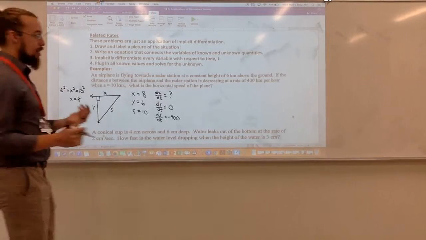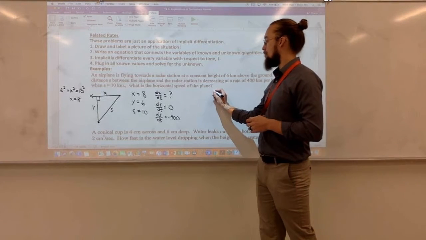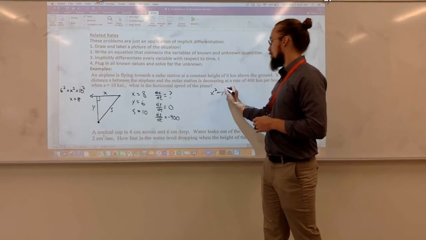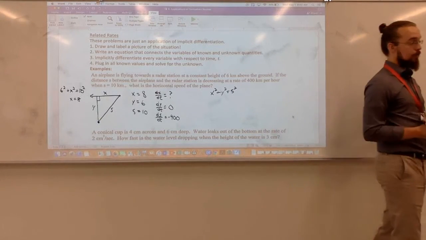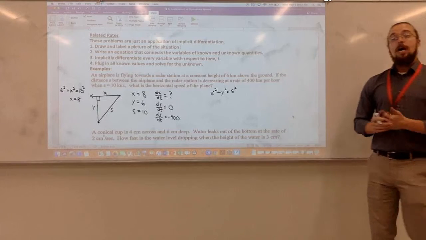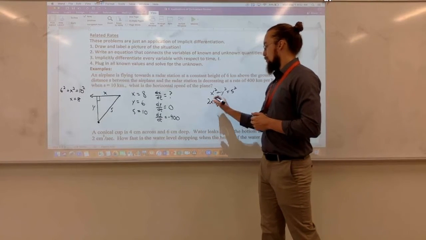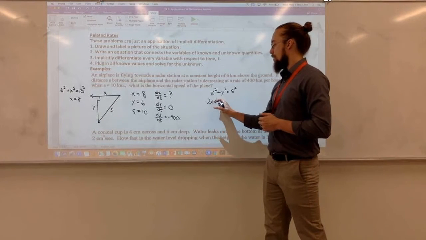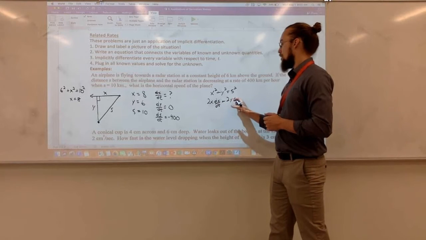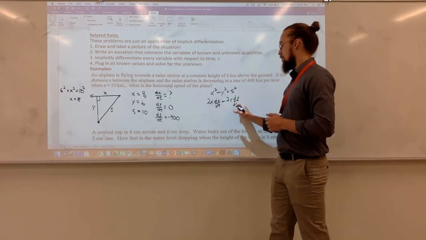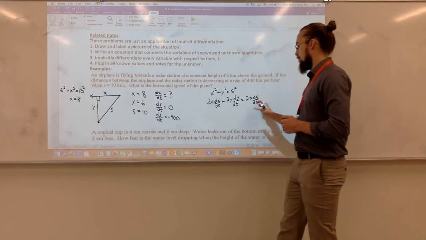Now we can set up our equation, which we already said was just the Pythagorean theorem: x squared plus y squared equals s squared. Take the derivative of this and implicitly differentiate each variable. So the derivative of x squared would be 2x dx/dt, then 2y dy/dt equals 2s ds/dt.